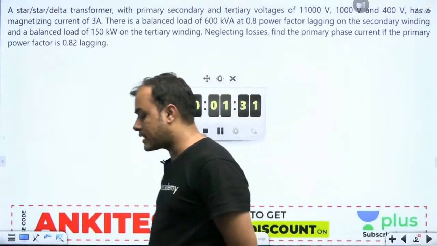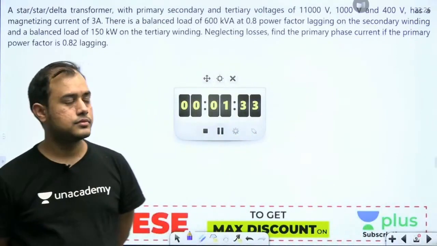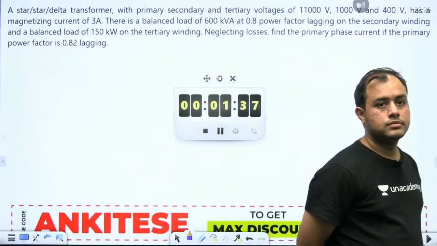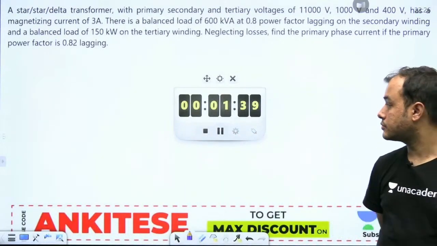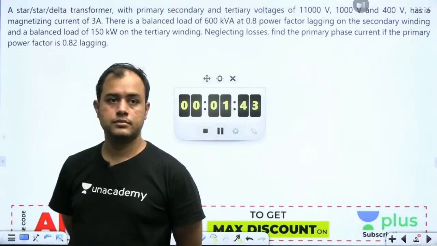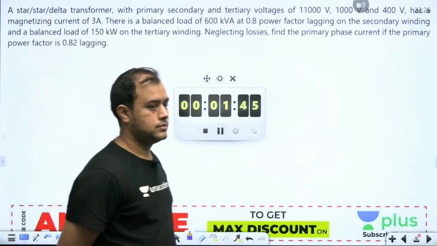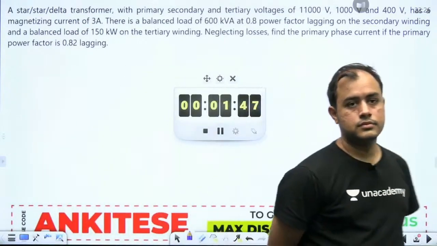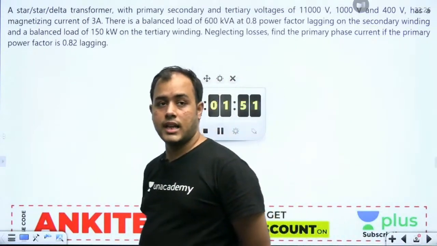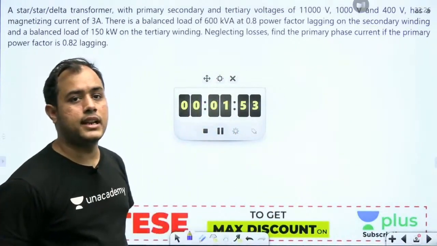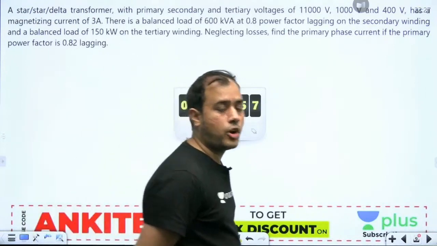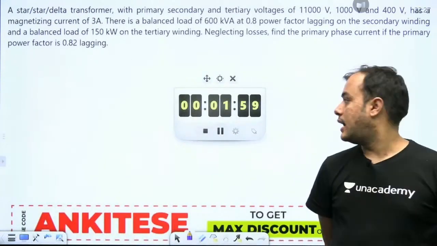Let me see who can crack this. Till now, no answers. Keshav is saying 44. I'll see.